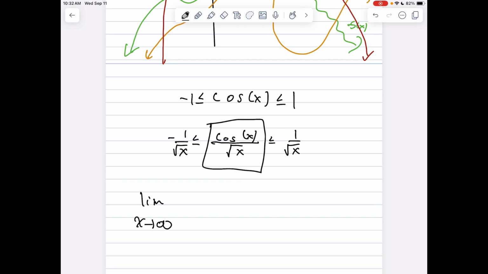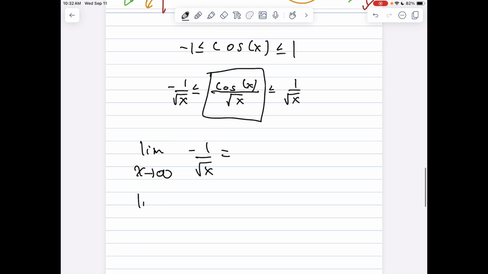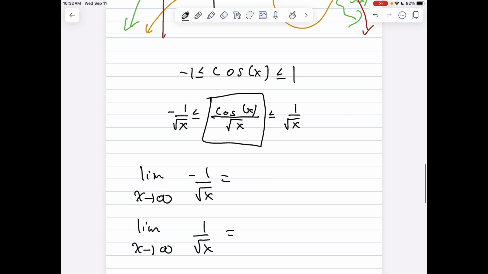Now we're going to take the limits of the functions at the ends: the limit as x goes to infinity of -1 over root x and 1 over root x. In the notation I was using before, this would be your h of x, this would be your f of x, and this is your g of x.